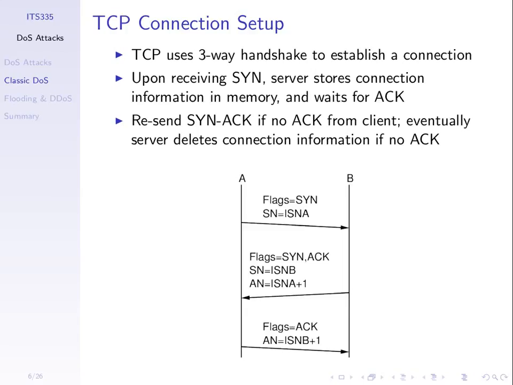What is important is that when B receives the first SYN packet, it allocates some memory in preparation for the upcoming data transfer. So some memory is allocated, and then we wait for the third message, this ACK, to come back. And once we get this ACK, we'll start to use that memory with the data that we receive.